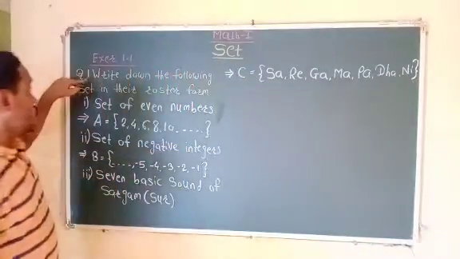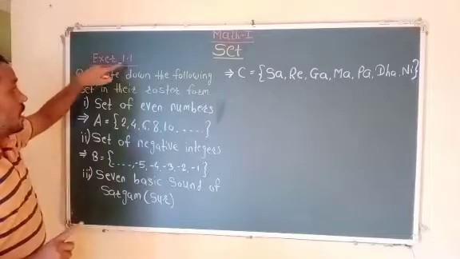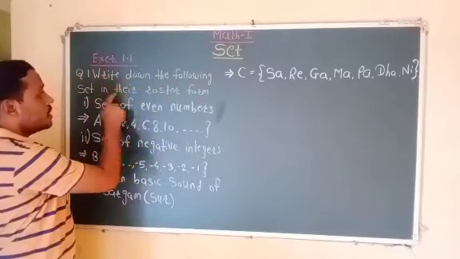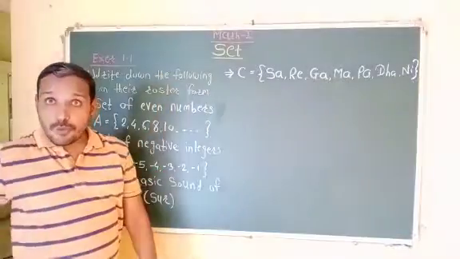And this is the first question of the first exercise: write down the following sets in their roster form.